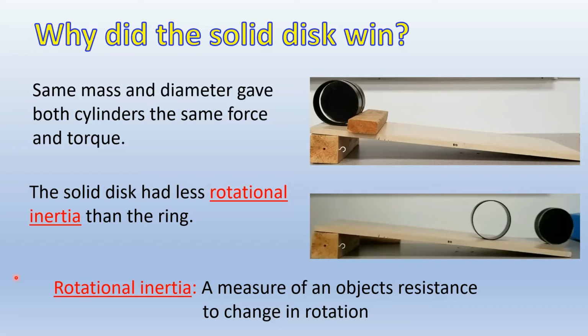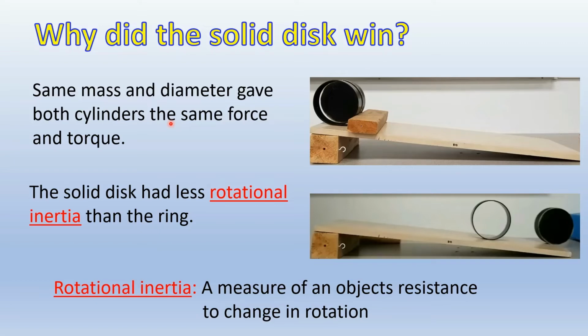Since the solid disk has less rotational inertia, it's easier to rotate the solid disk. There's less resistance to that change in rotation. So if both cylinders are experiencing the same force, the one that's easier to change rotation will start to rotate faster, and that's what's happening as they race down the hill. They're changing their rotation, or speeding up, so the solid disk is the winner.